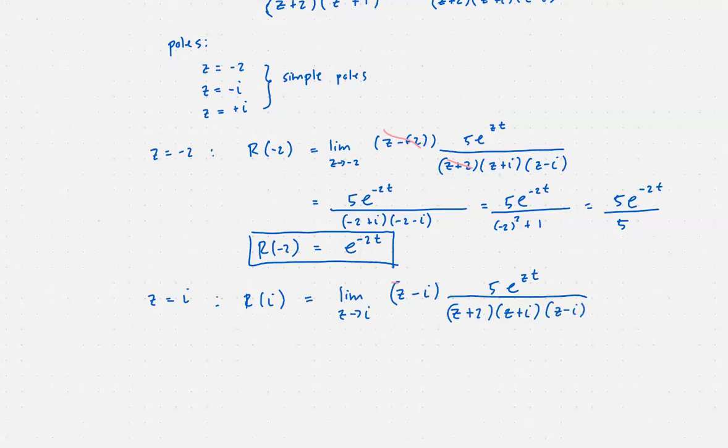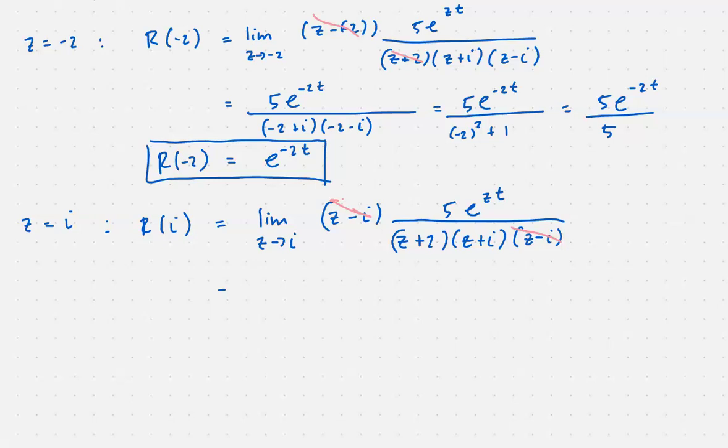And solving for that, we just substitute i for z. So we're gonna have 5e raised to it, and below we're going to have i plus 2 times, oh sorry, i plus i.